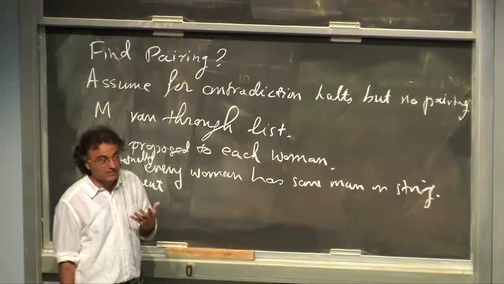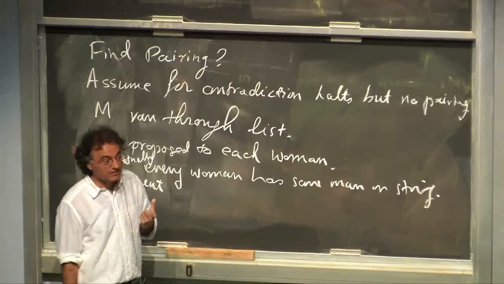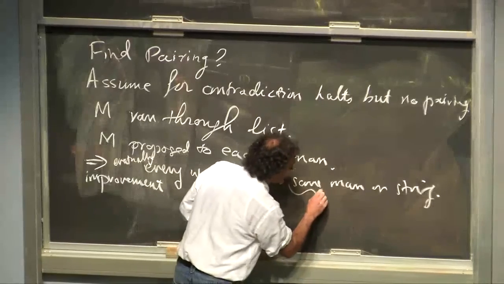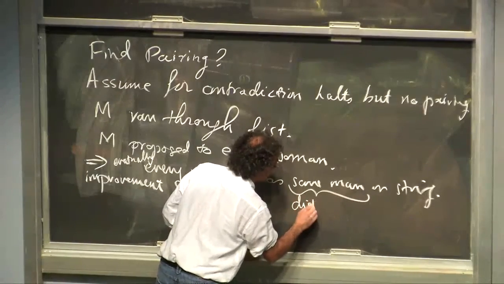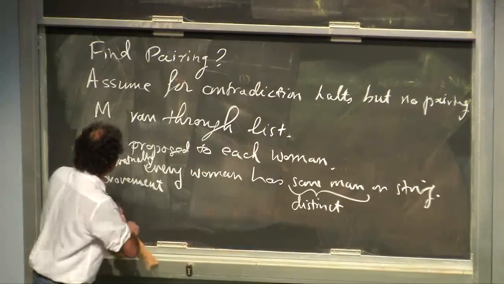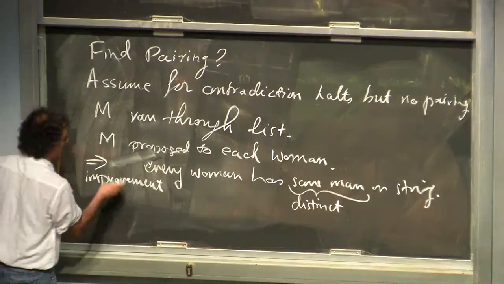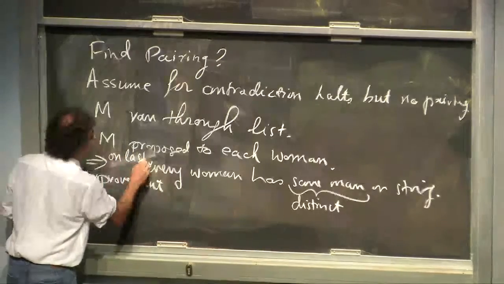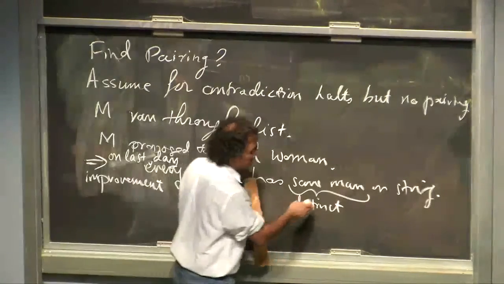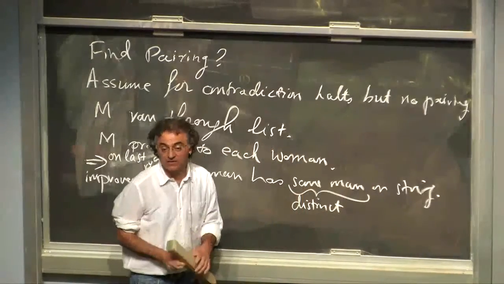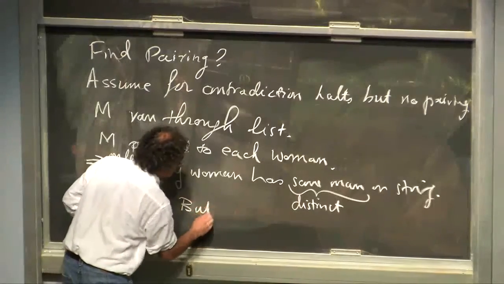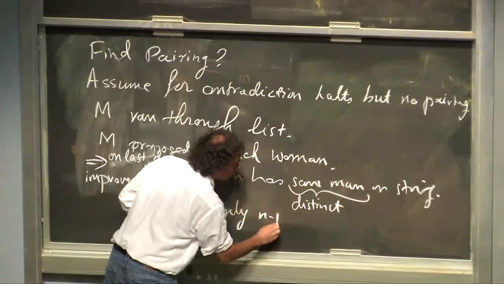Does everyone see what the contradiction is? On the last day, every woman has a distinct man on the string. But there are only n minus 1 other men.